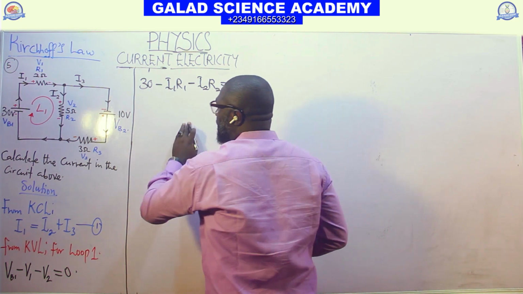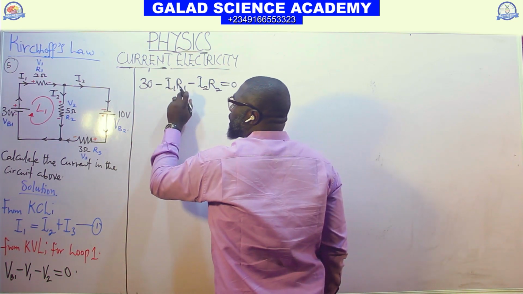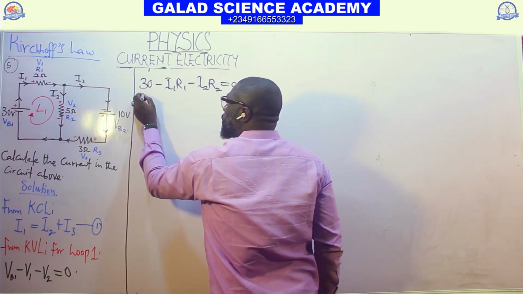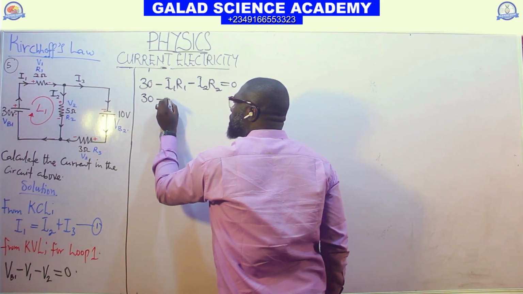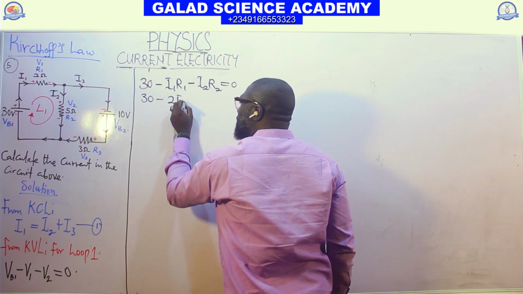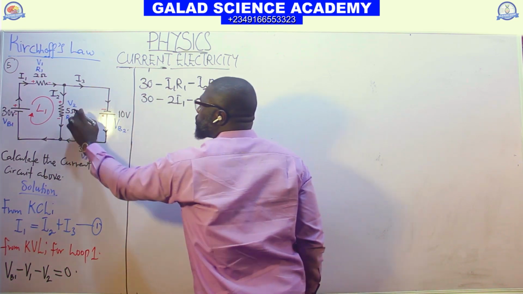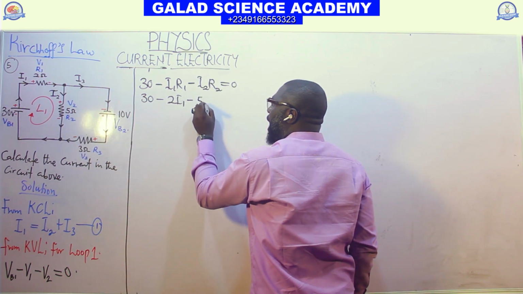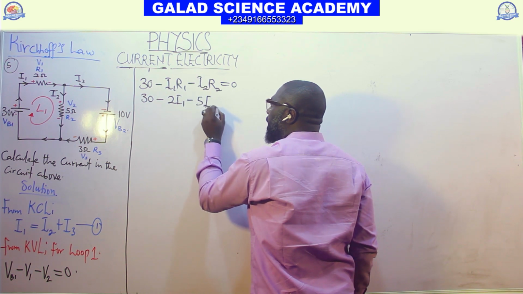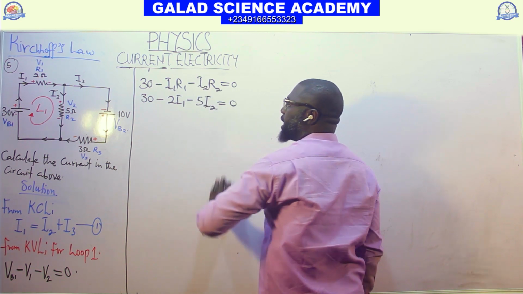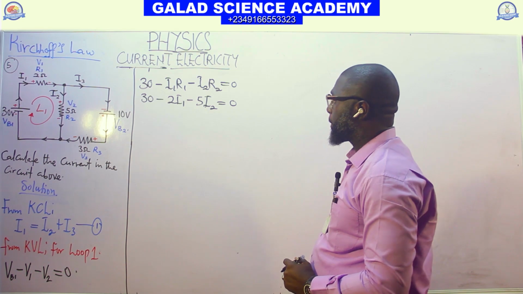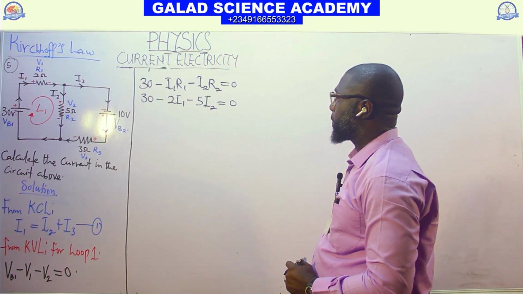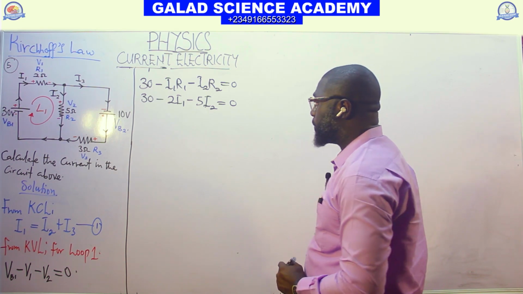We have 30 here, and we substitute for R2: 30 minus 2I1 minus 5I2 equal to 0.